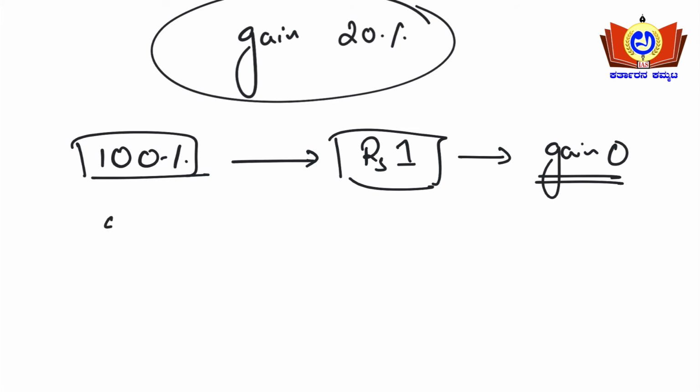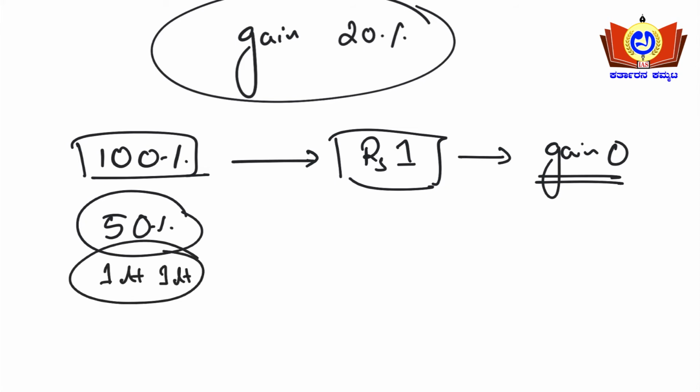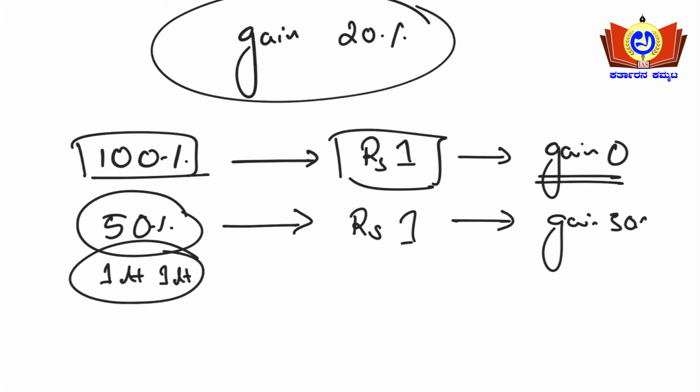So for 50% purity of milk, he'll be adding water to that. If there is 1 liter of milk, he'll be adding 1 liter of water here. So for 50% purity of milk, if he sells at rupees 1, the gain shall be 50%. Yes or no?